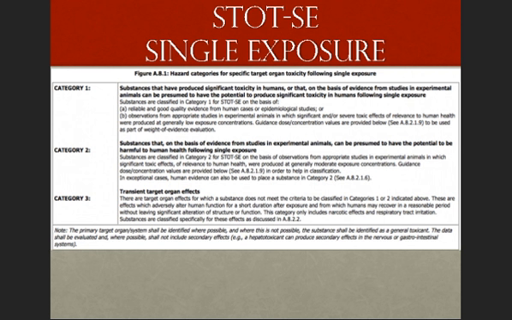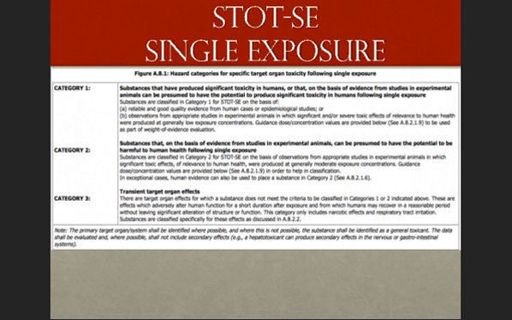The chart is shown on your screen, and it outlines the three hazard categories pertaining to specific target organ toxicity single exposure. Category 1 describes chemical substances that have produced significant toxicity in humans, or that, on the basis of evidence from studies in experimental animals, can be presumed to have the potential to produce significant toxicity in humans following a single exposure.